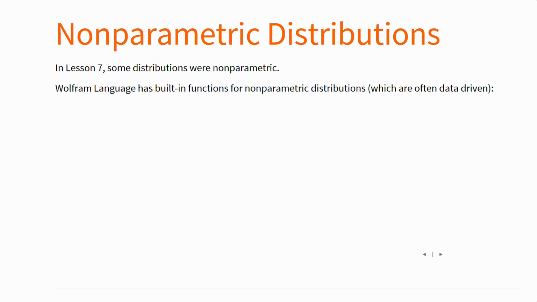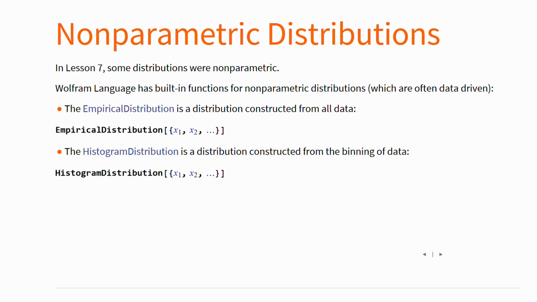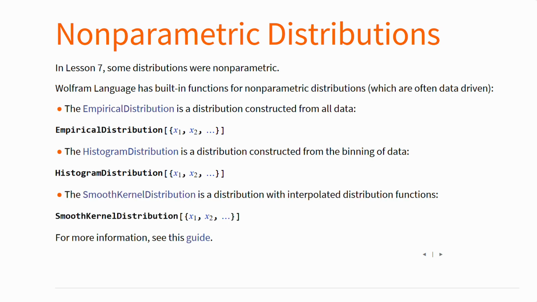If you want the simple, close representation of data as a distribution, use empirical distribution. If you want values to be binned over intervals, often useful for real contexts, use the histogram distribution. And if you want a distribution that gives a smooth representation of data, using interpolation, use smooth kernel distribution.